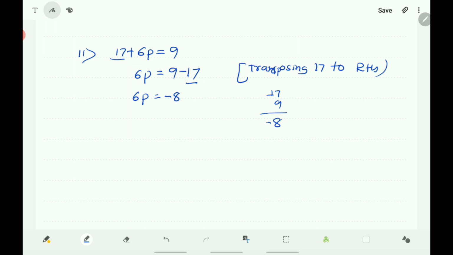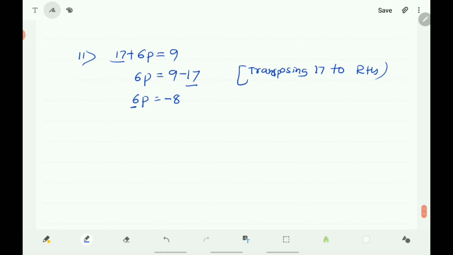Then here again the 6 is to be cancelled. To cancel this, its reciprocal is 1 by 6. You must divide both LHS and RHS by 6. So it becomes p is equals to minus 8 by 6. What have you done here?